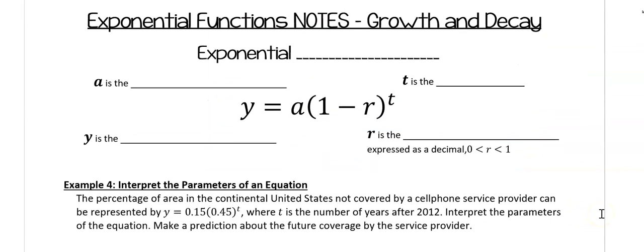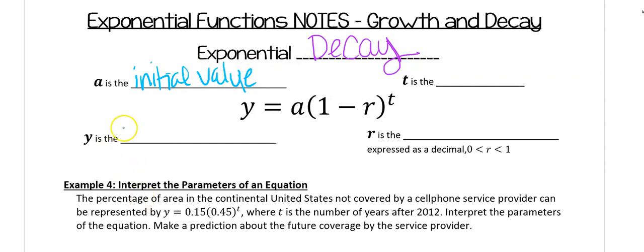Next one, after growth, we are going to talk about decay, of course. So this is going to be our exponential decay side. Again, y'all should know all this by now. I keep on making y'all list it because I'm hoping it'll stick. A is our initial value.